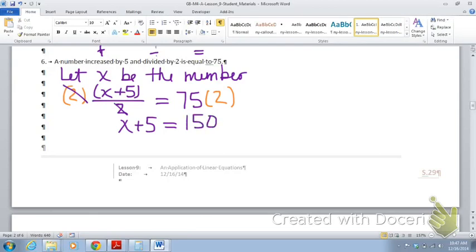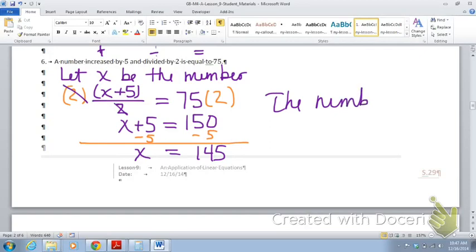And so I can see that by subtracting 5 from both sides, x is 145. So x is equal to 145. All right, so that's my number there, and that would be my answer. So the number is 145.